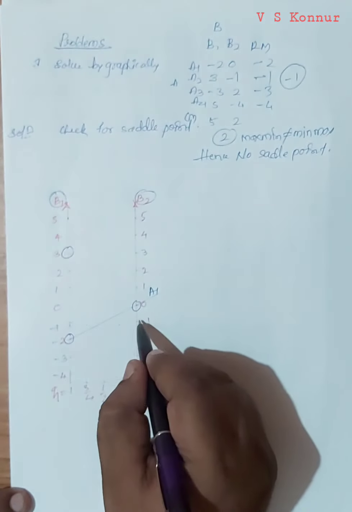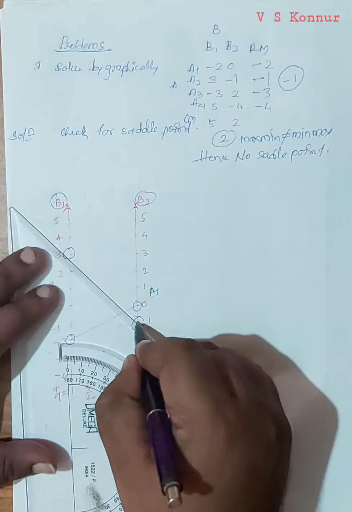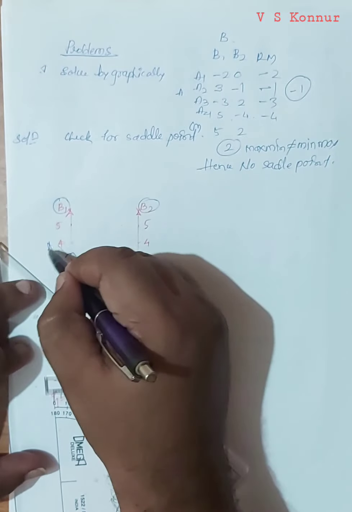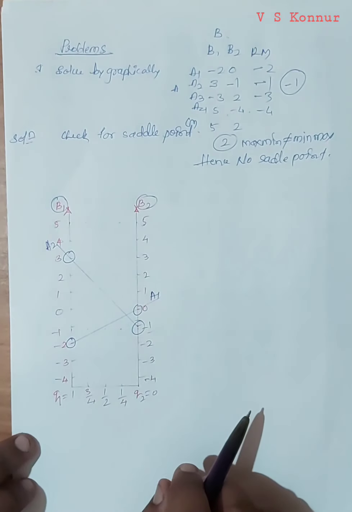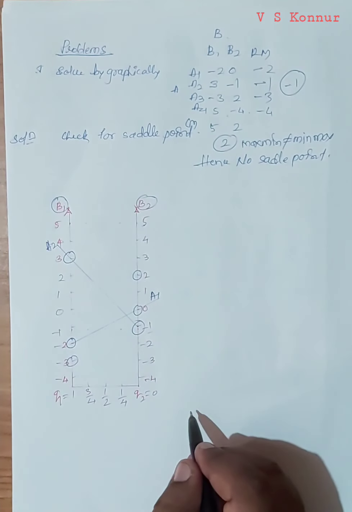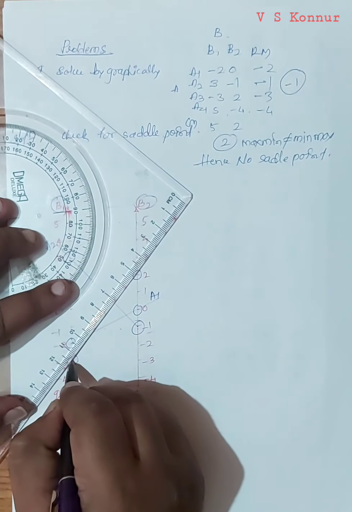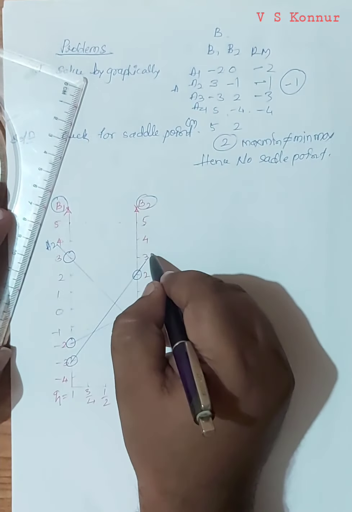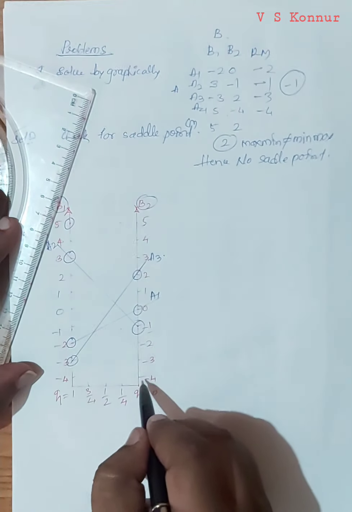Draw the line joining 3 and -1 and call it A2. Next line, A3, -3 and 2. Call it A3. Then A4, 5 and -4.